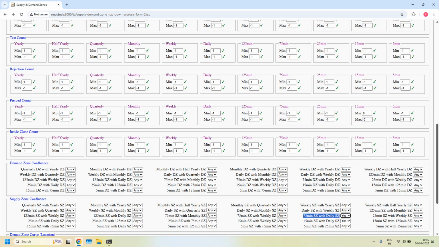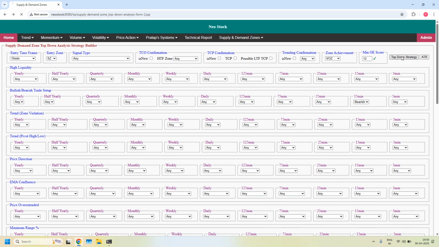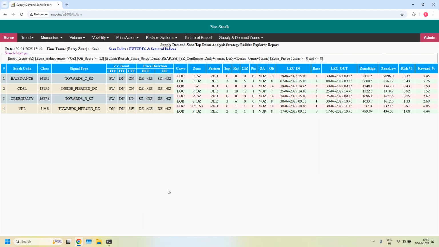With all the 3 filters, we got 4 stocks. So in these 4 stocks, these 15-minute supply zones are overlapped with 75-minute supply zone, both together again overlapped with daily supply zone, and daily trend is down in only one stock.